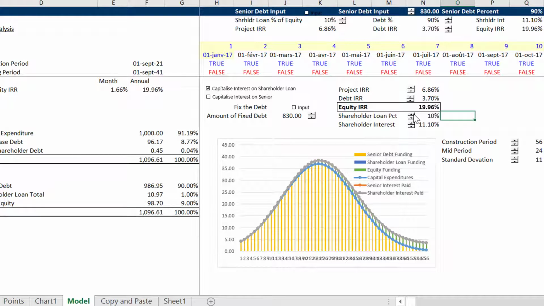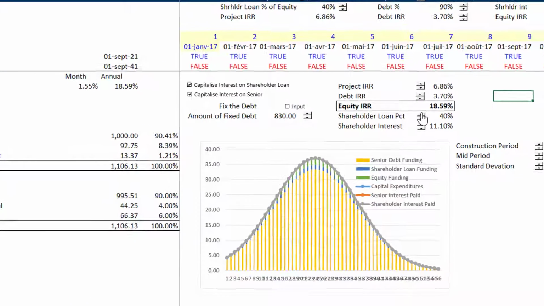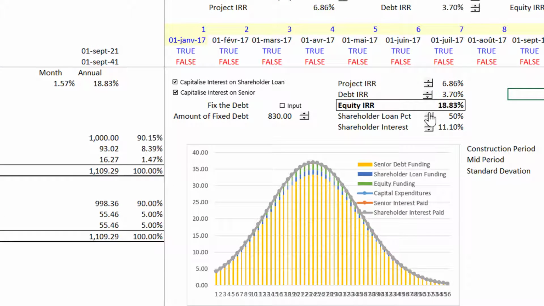Now, I think that's enough, really. You're sick of watching me press some kind of buttons, okay? This time when I capitalize the interest, it goes down. I wish I knew exactly how to explain that. I can't explain that, okay? But I'm pretty confident in the model, not completely.